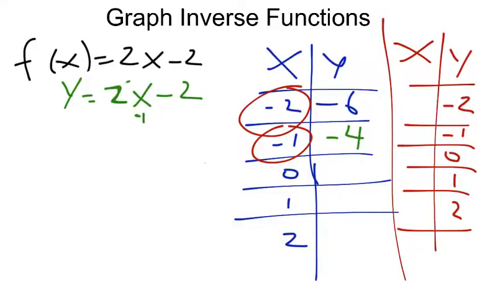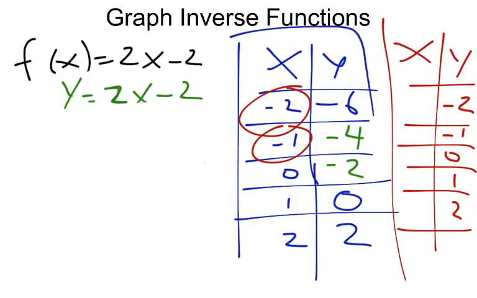When x is 0, this turns into 0, and your y is -2. When x is 1, it's 2 times 1 is 2, minus 2, 0. When x is 2, it's 2 times 2 is 4, minus 2 is 2. So this is my table of values for my function.